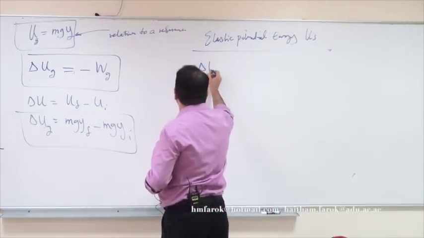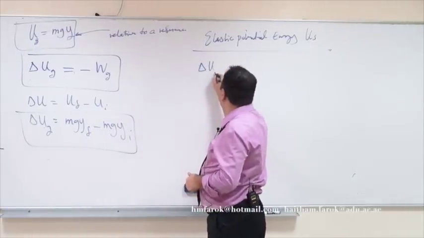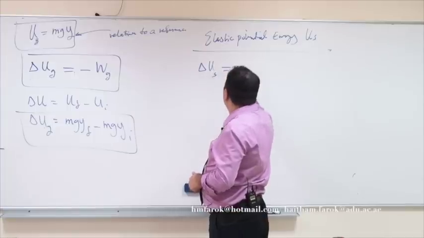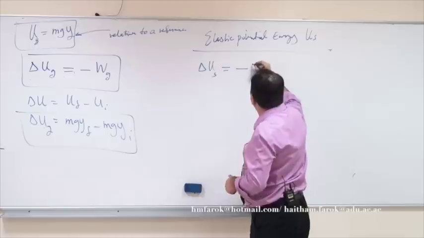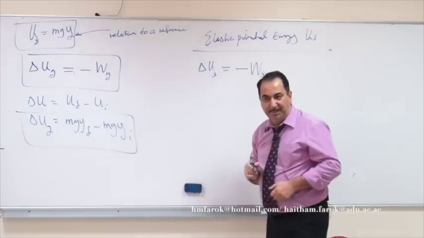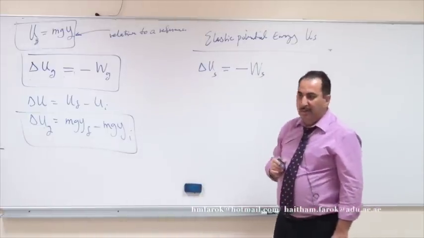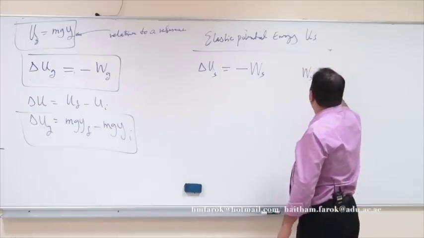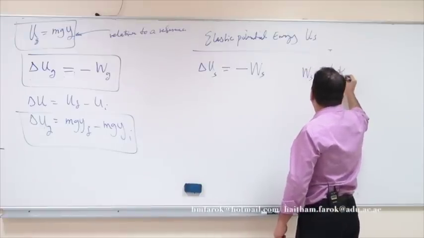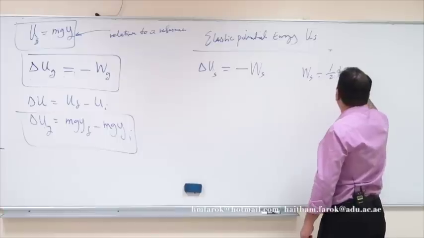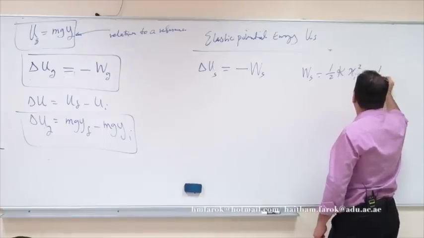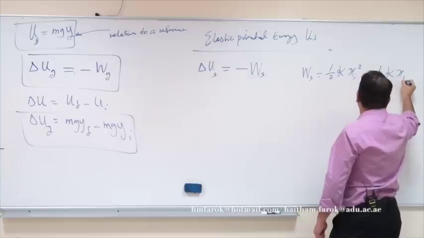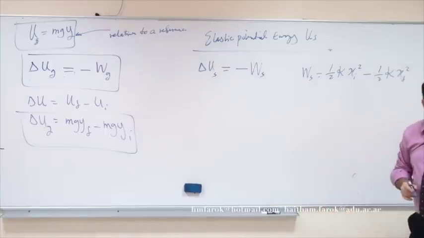The change in the elastic potential energy of a spring is equal to negative work of the spring. Now, what is the work of a spring? Half kappa x initial square of the spring minus half kappa x final square of the spring, yes?